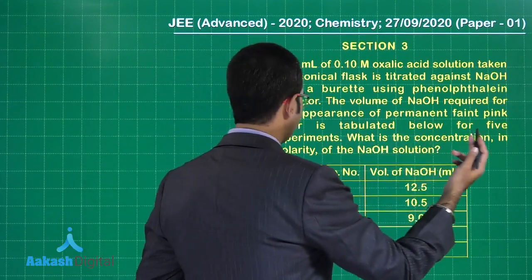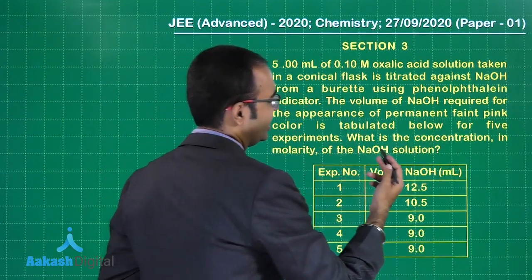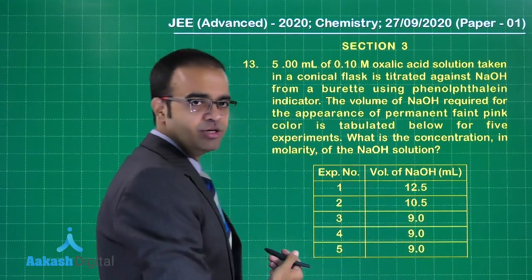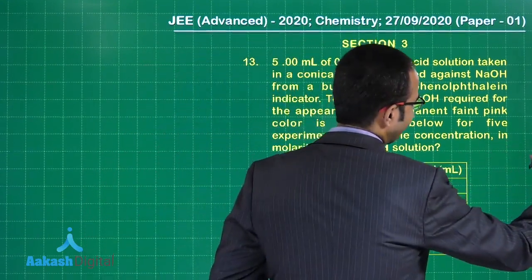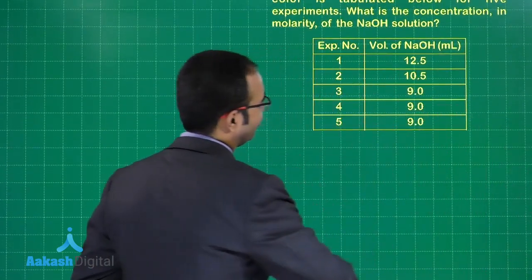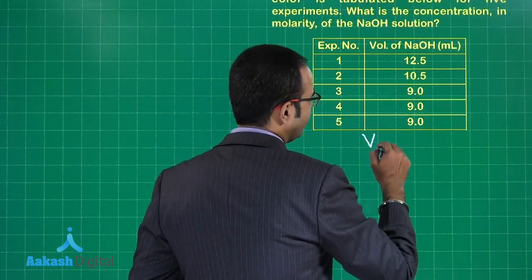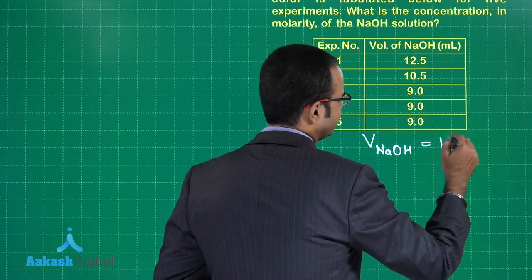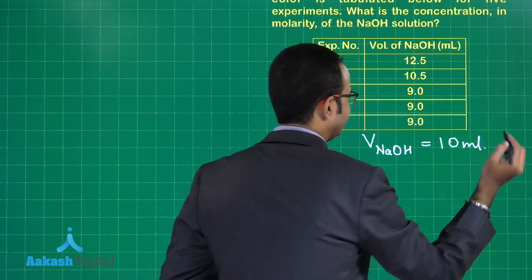What is the concentration in molarity of NaOH solution? These are the volumes of NaOH given to us. First we'll find out the average volume out of all. The average volume comes to 10 ml.